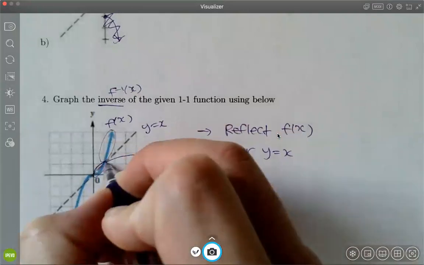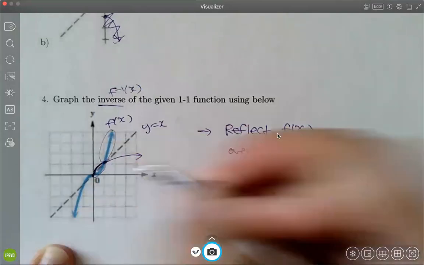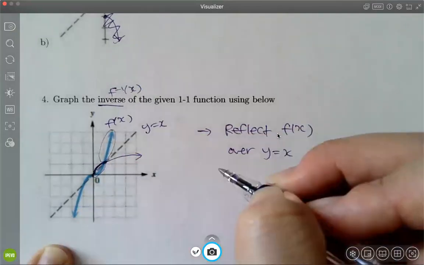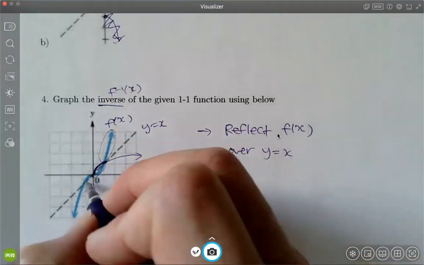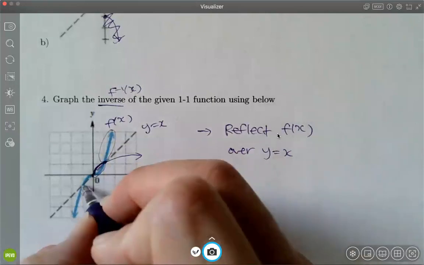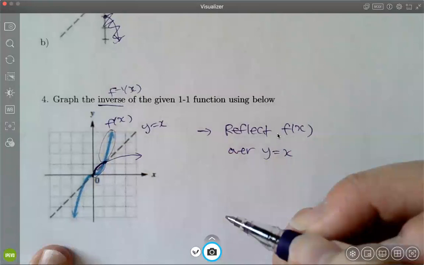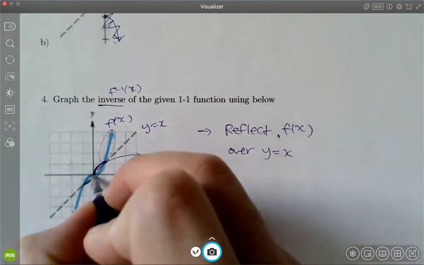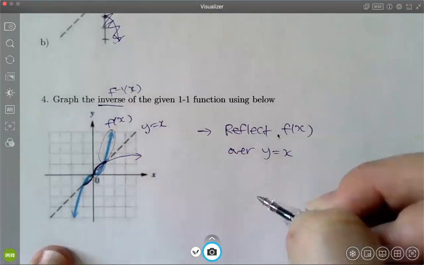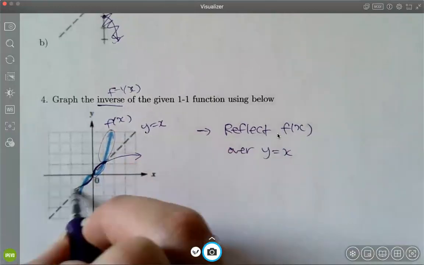Something like this, right? Like this little top portion here. Okay, and then the third portion. Look at another tiny portion right there. When you reflect it over y equals x, it will go something like this, right? And then the last portion, this one, is moving away from y equals x. So when you flip it, it will look something like this, right?